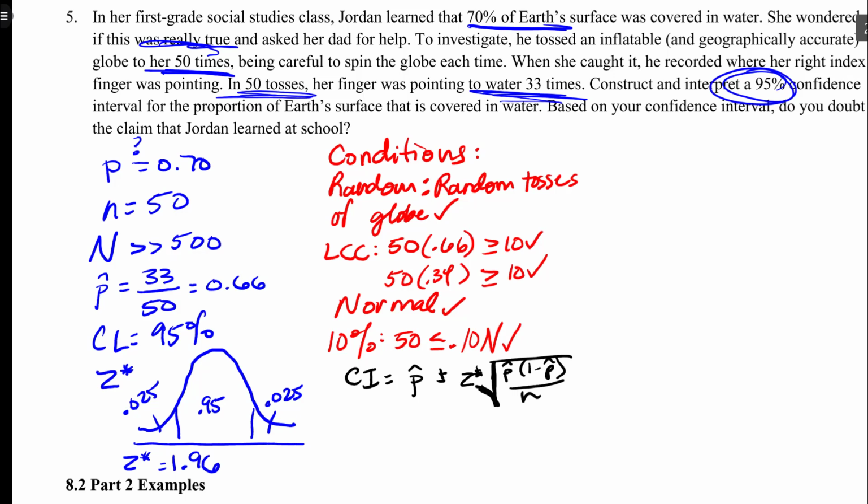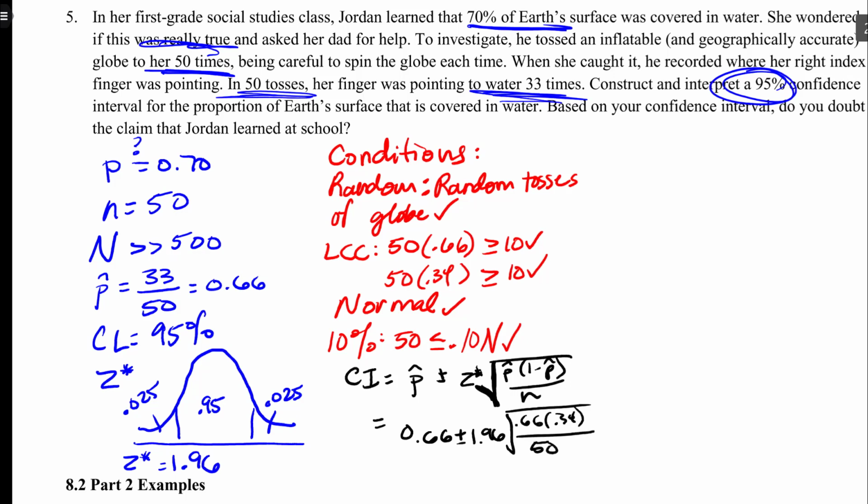Make sure you're very clear with your square root symbol that it extends over the entire fraction. Let's plug in. For p hat, that was 0.66. My Z star, we found to be 1.96. And then we have the square root of my p hat, 0.66, times 1 minus p hat, that was 0.34, divided by 50.